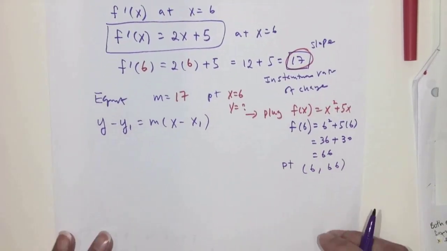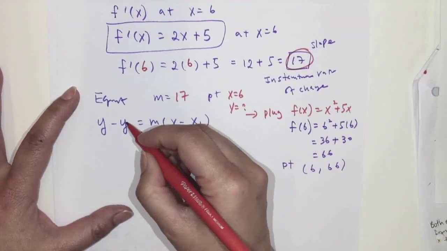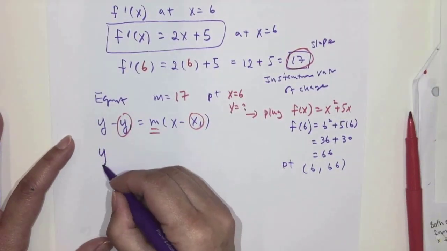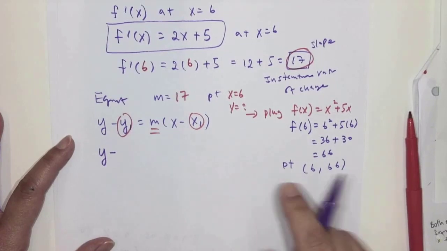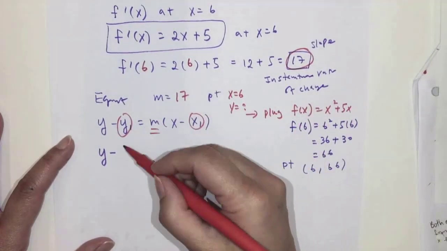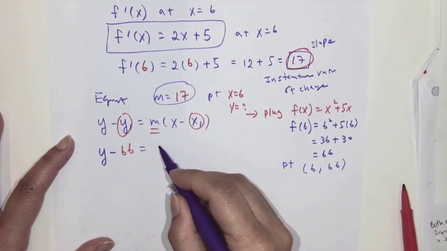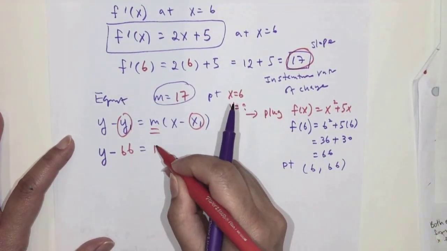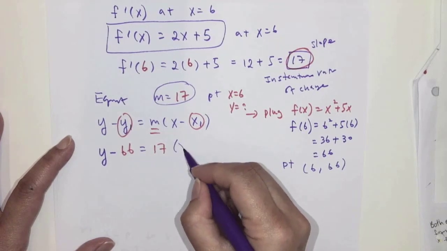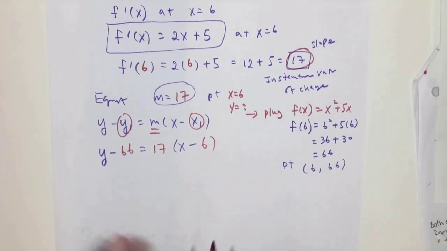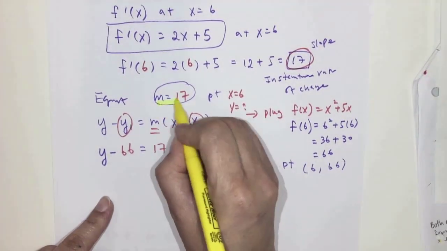A lot of 6s. So we're going to plug in the point along with the slope. So it's going to be y minus, my y value is 66, my slope is 17, my x value is 6. And then we're going to need to distribute and try to simplify this a little bit more.